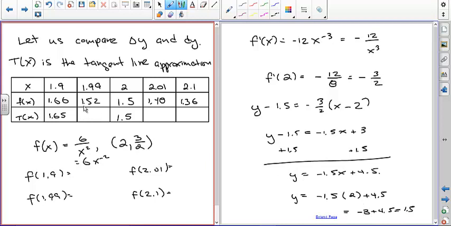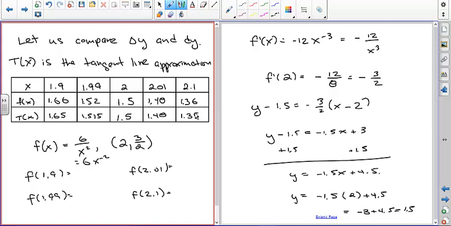It's probably going to be 1.52, but somebody can. 1.515, okay. And this one is 1.48, and this one is 1.35. Yeah, okay. Thank you for making my life easier.